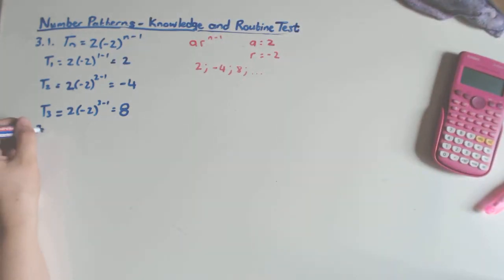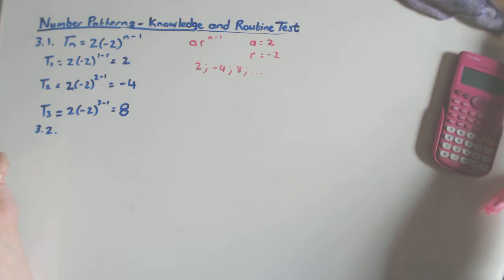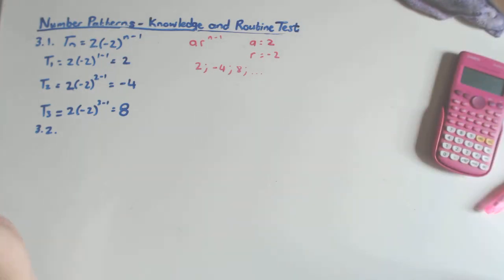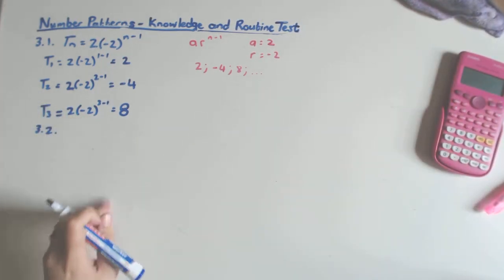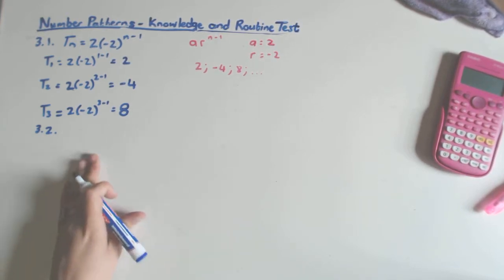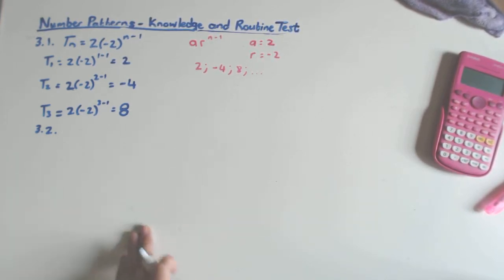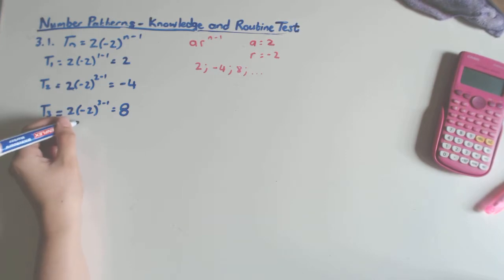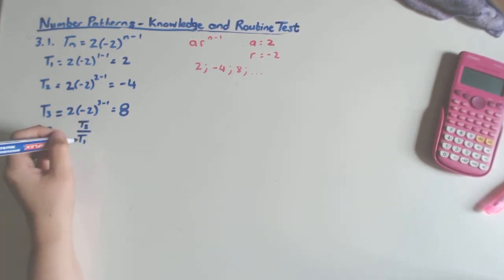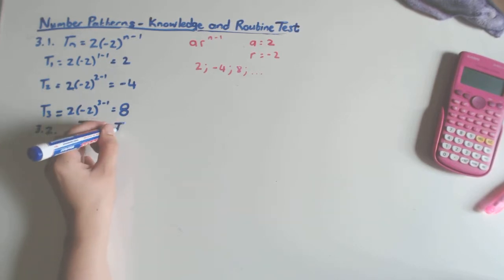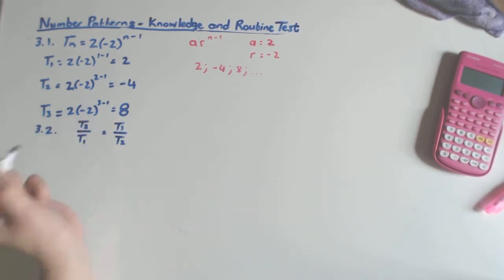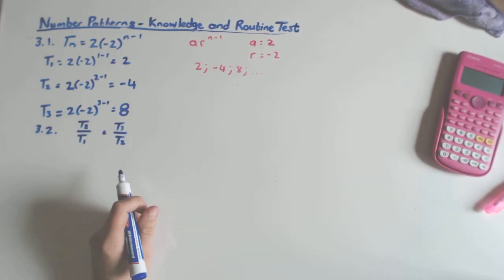And then question 3.2 says, show that this sequence is geometric. Now, to show that something is arithmetic or geometric, what do you do? For arithmetic, I use term 2 minus term 1 is the same as term 3 minus term 2. For geometric, I use that term 2 over term 1 should be the same as term 3 over term 2. Then it's a geometric pattern.